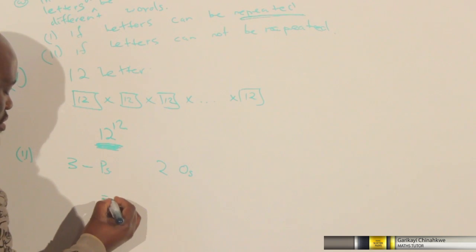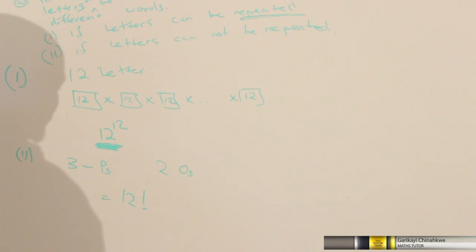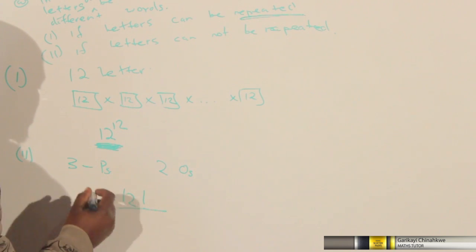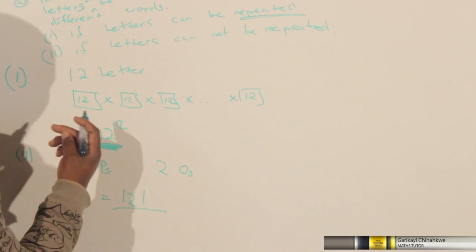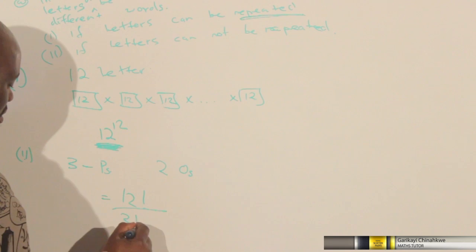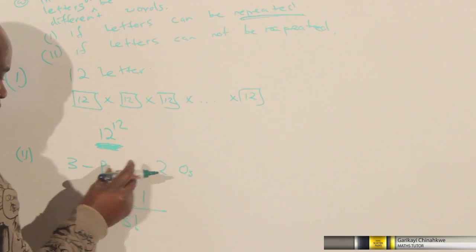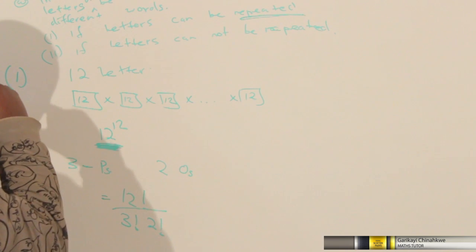You're going to say equals 12 factorial, because there are 12 of them, over 3 factorial, because there are 3 P's, and then 2 factorial, because there are 2 O's.